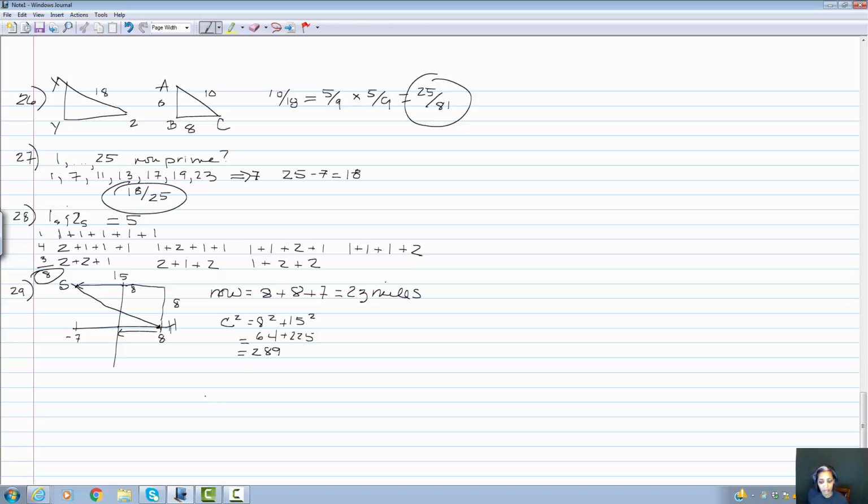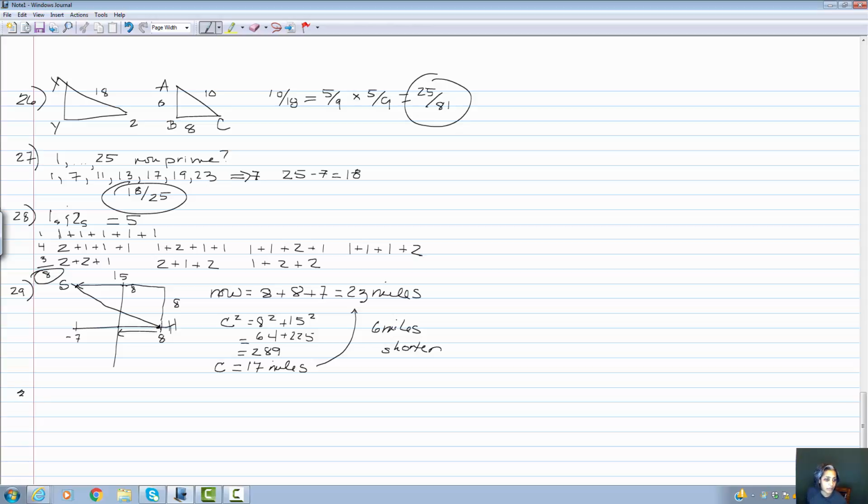And the square root of 289 is 17. So you've got to know a lot of your square roots. So c is equal to 17. If they took a straight route, it would just be 17 miles. The question asks how much shorter the trip would be. Well, it's the difference between 23 and 17, so it would be 6 miles shorter.